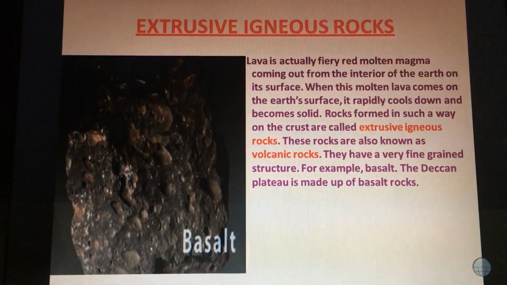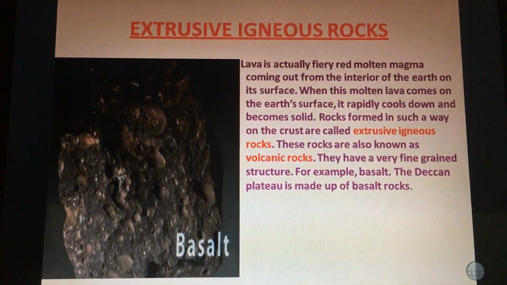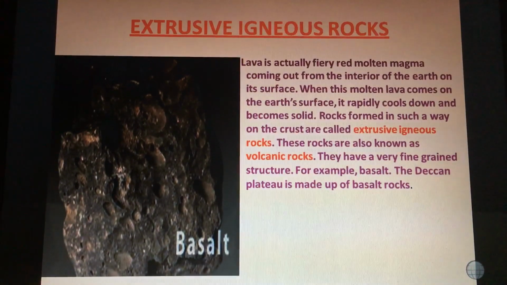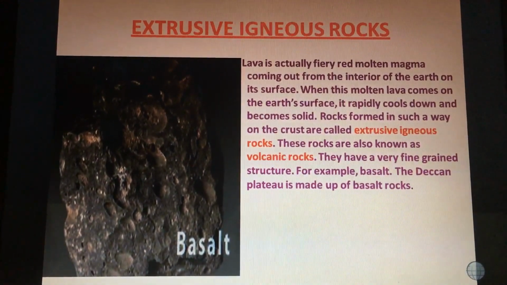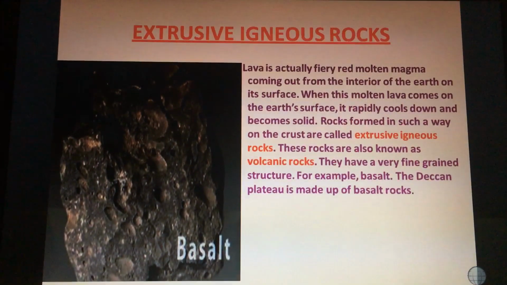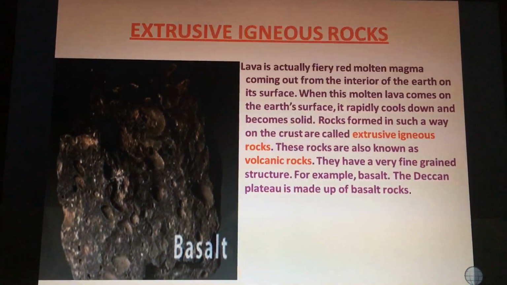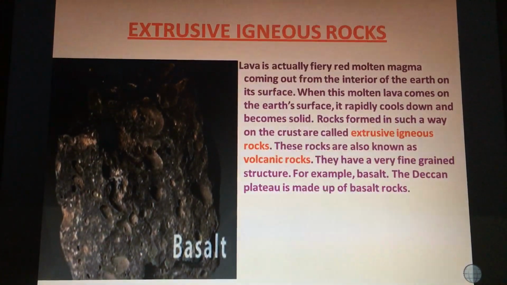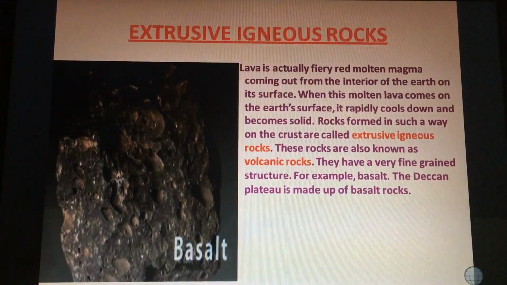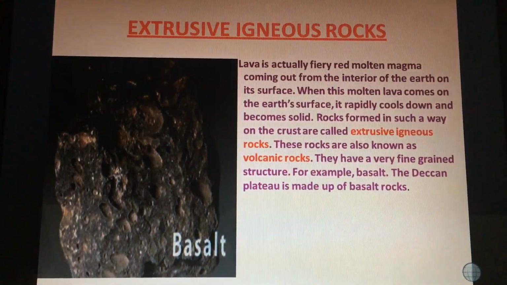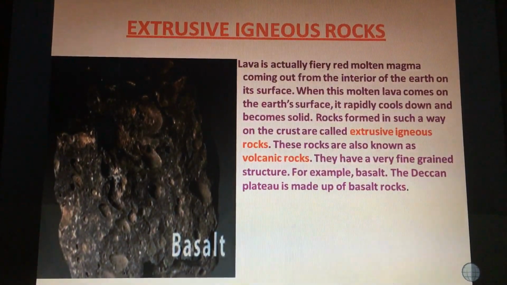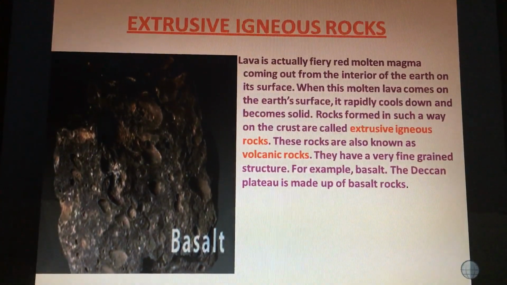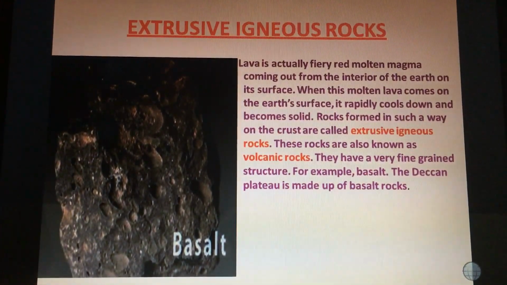Moving up, next is extrusive igneous rocks. Lava is actually fiery red molten magma. You have seen volcanoes, it is of bright red color, coming out from the interior of the earth onto its surface. When this molten lava comes on the earth's surface, it rapidly cools down and becomes solid.